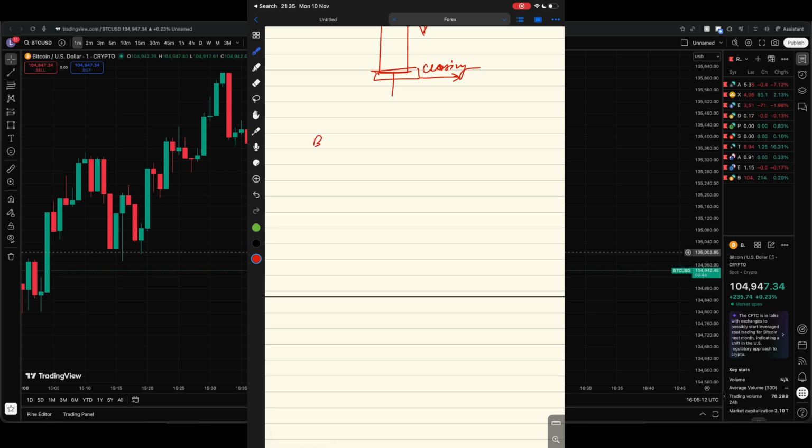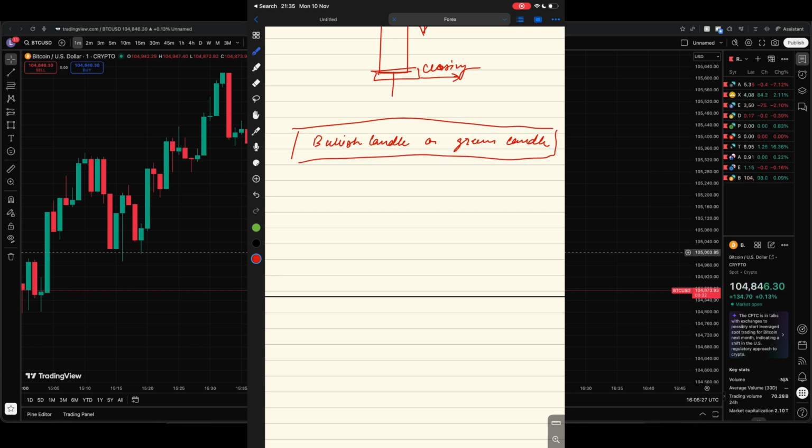There are basically two types of candle. The first is the bullish candle, or we can say a green candle. As the name suggests, the bullish candle means bull.